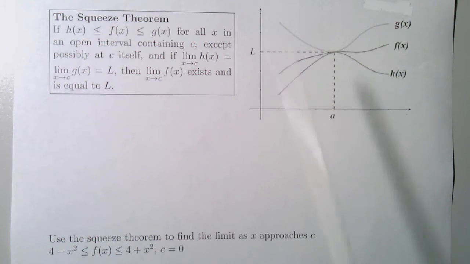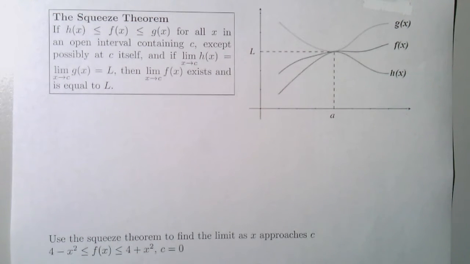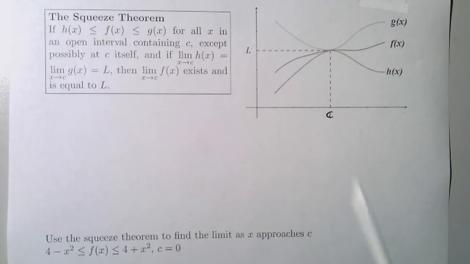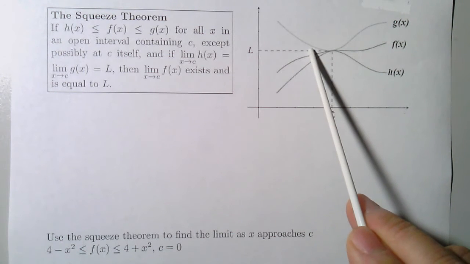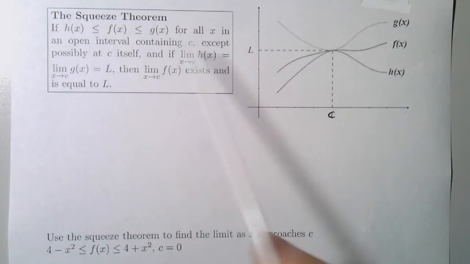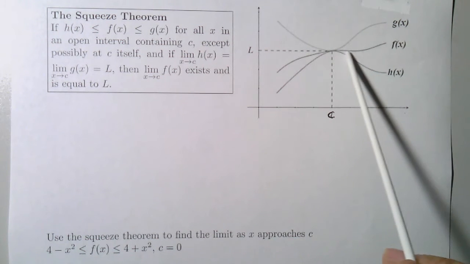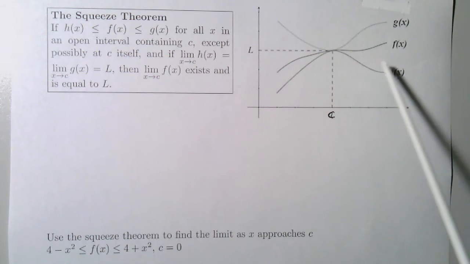So now what do we do here? You can see when x approaches the number c, the limit of g(x) exists, which is L. The limit of h(x) is also equal to L. Because f(x) is between g(x) and h(x), f(x) cannot go anywhere but between the limits of g(x) and h(x).